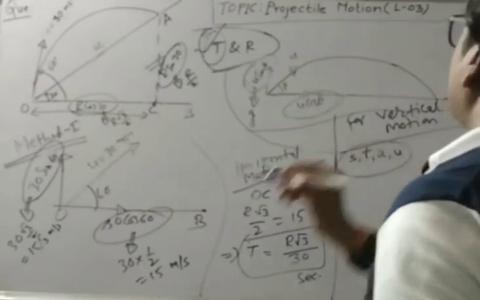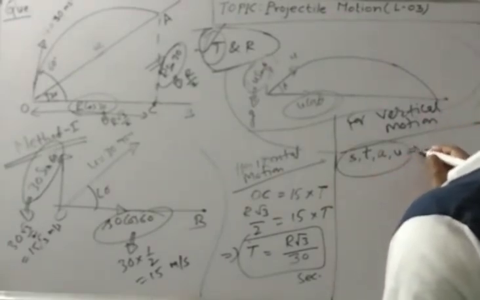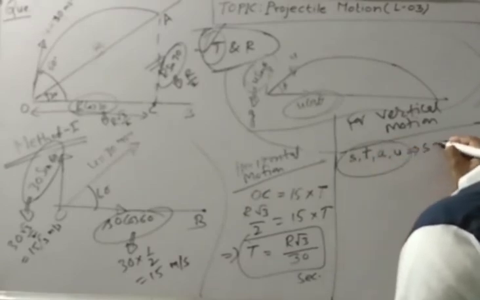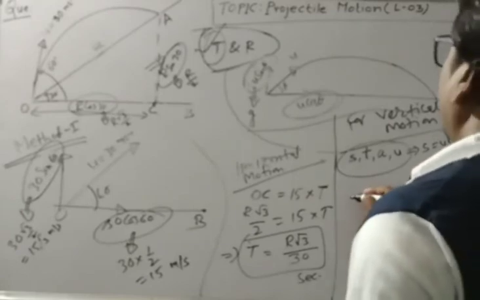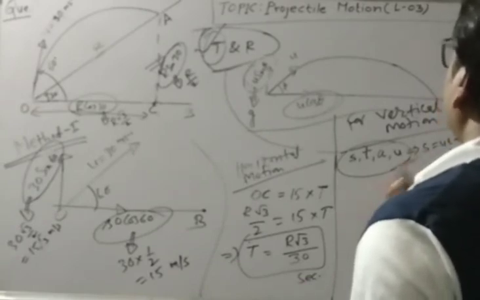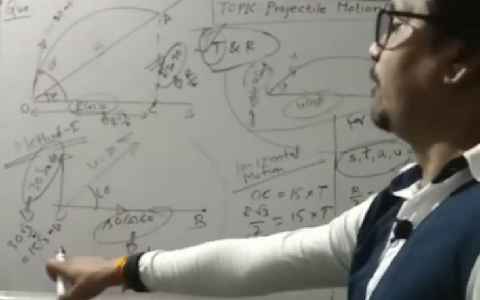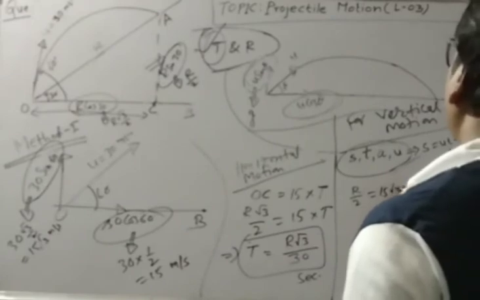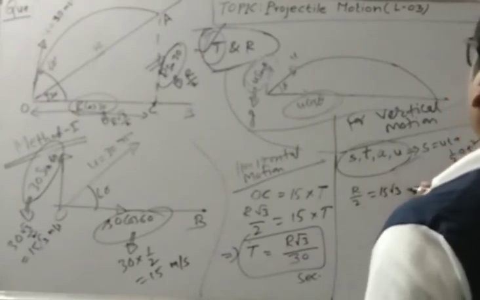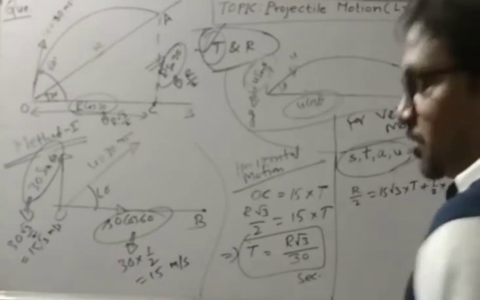So the formula, just remember the kinematic equation formed by all four variables: S equals ut plus half a t square. S is here basically R by 2, u is basically 15 root 3, and t is basically capital T, plus half, a is basically minus g and g is 10.